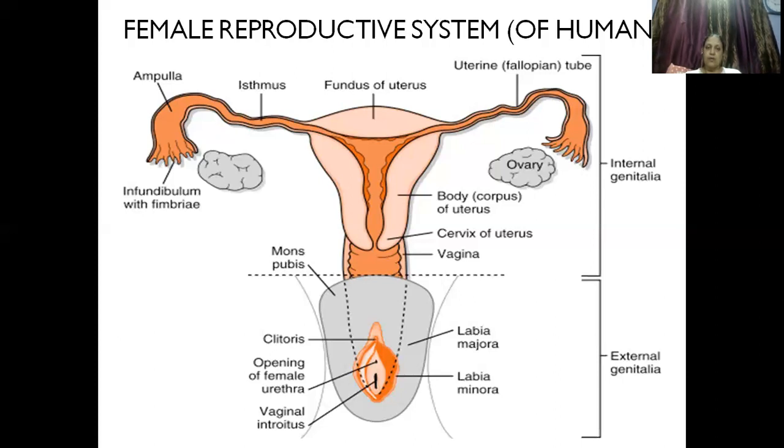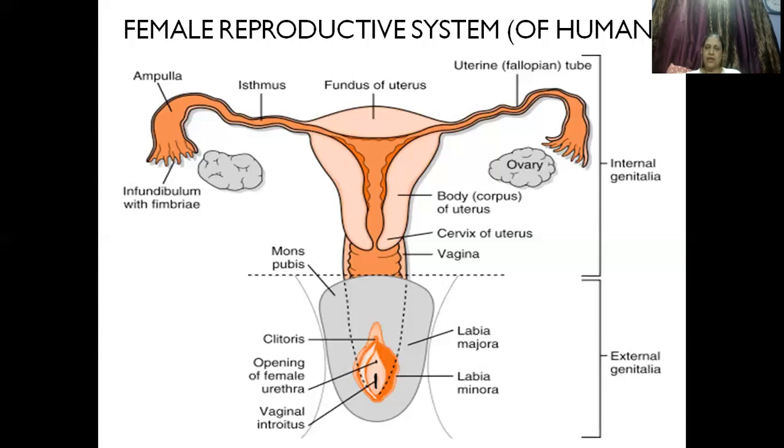Now in the diagram you will be able to see a pair of ovaries present on either side of the uterus. These ovaries are attached to the wall of the uterus by a ligament. What do these ovaries produce?